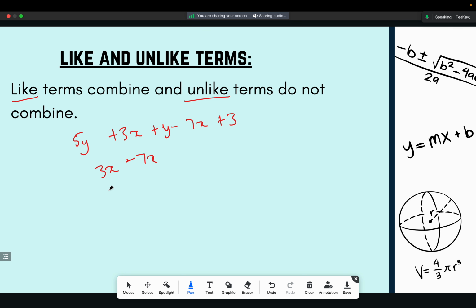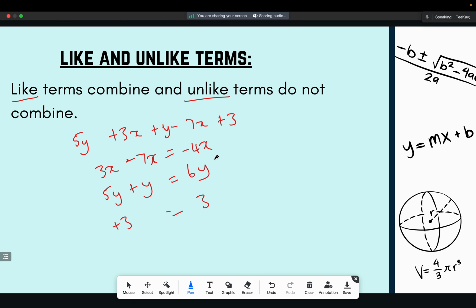And then another one we have 5y plus y. Then we have plus 3. And then here 3x minus 7x, this is minus, so we have minus 4x, and here we have 6y, and here we have 3 because 3 doesn't have any other term.